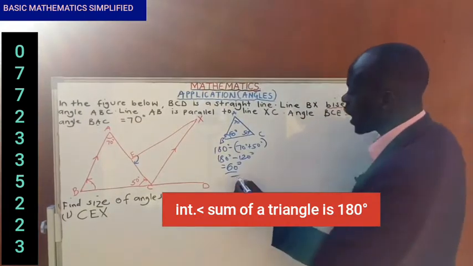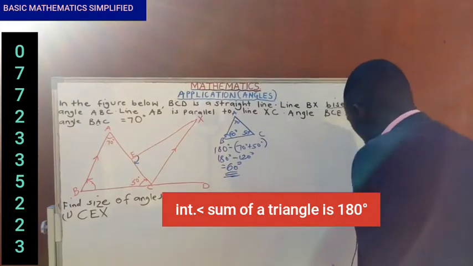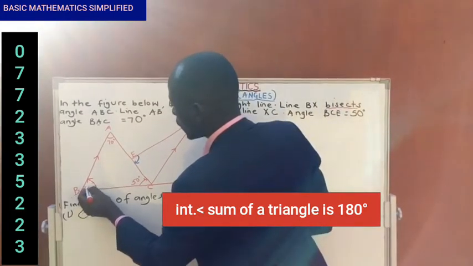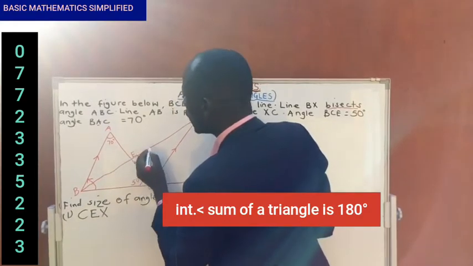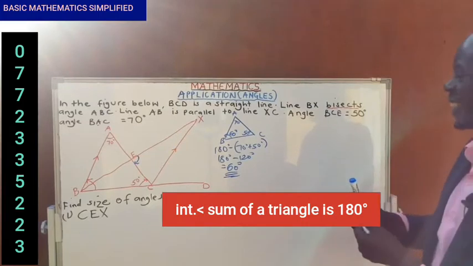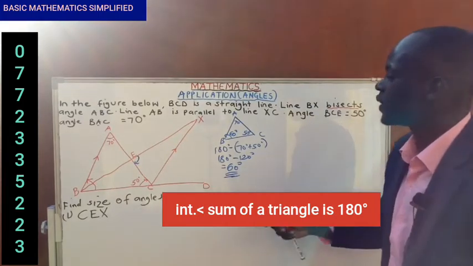Now, if the whole of that angle is 60 degrees, remember that when we take back our line, this one is 60. We said that line BX bisects, divides angle ABC. Remember, angle ABC is 60 degrees.